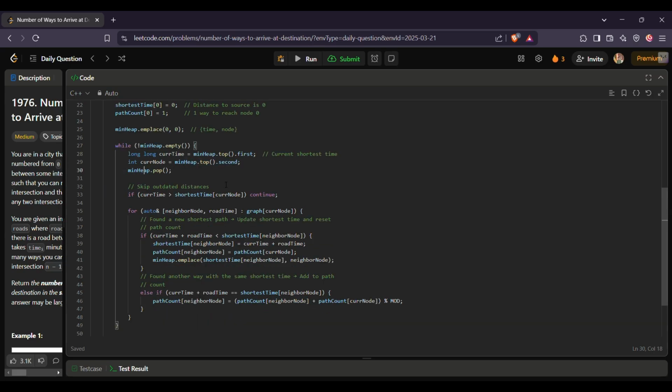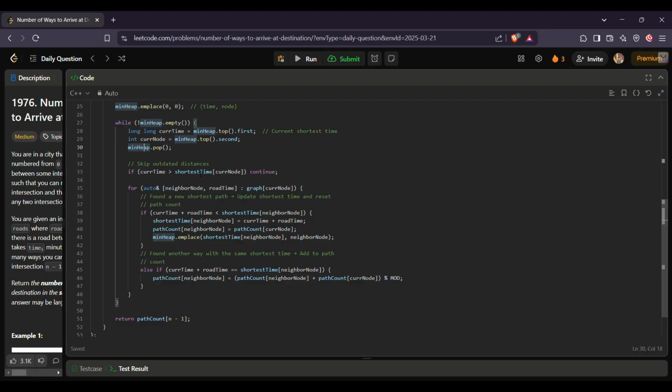If the current time is larger than the shortest time, then we simply continue, because we don't have to update.